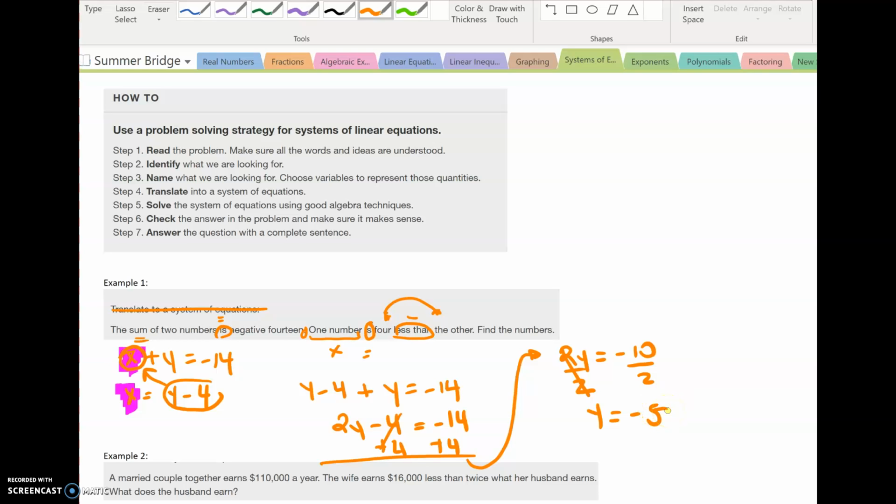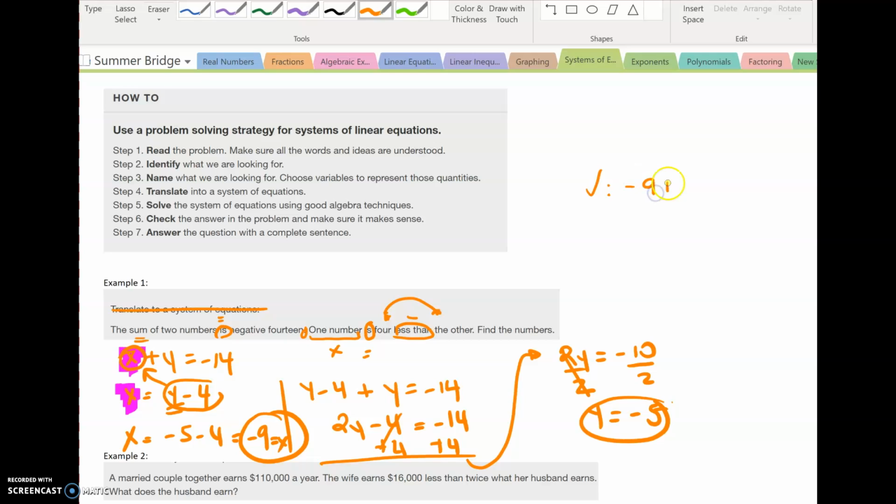Then I go ahead and plug negative 5 back in for my y value that defines x. So x is going to equal negative 5 minus 4, which is equal to negative 9. If I wanted to check this answer, I could plug both of these numbers into my equations, and it has to work in both of the equations.